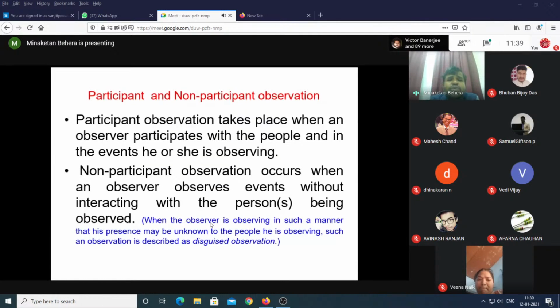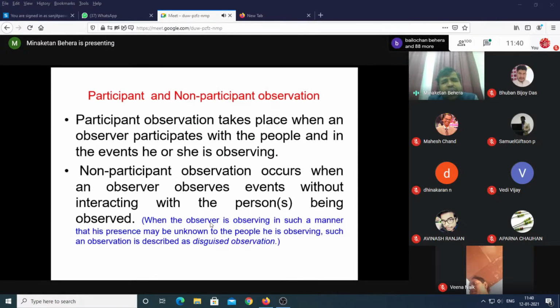The main purpose of using it is in situations where the respondent is hesitant, or where we doubt whether he or she is providing correct information. In order to check that, we use the observation method.